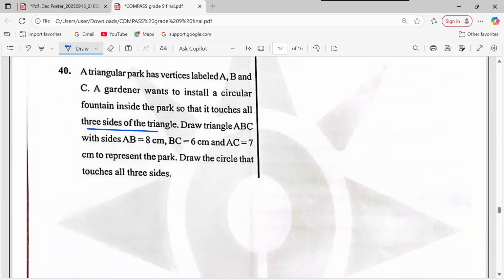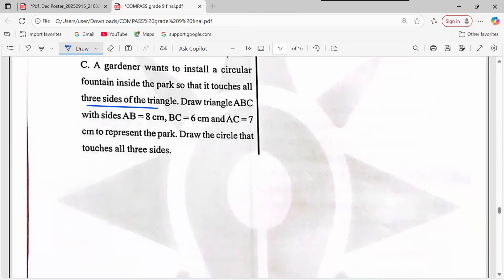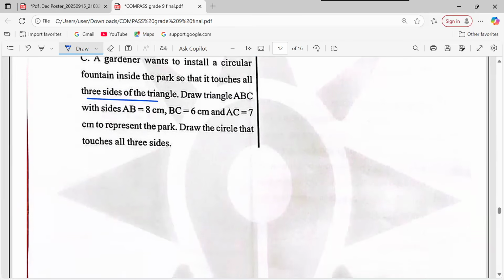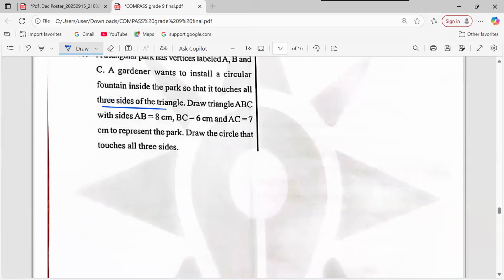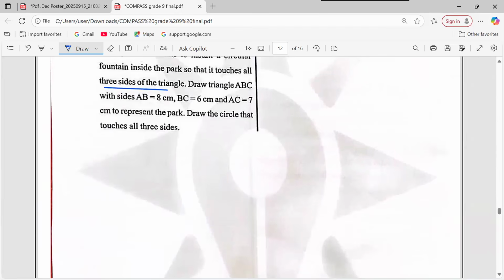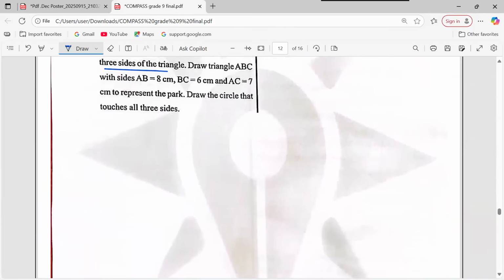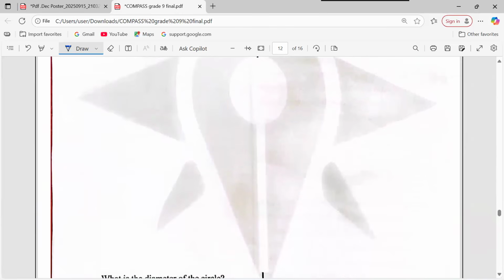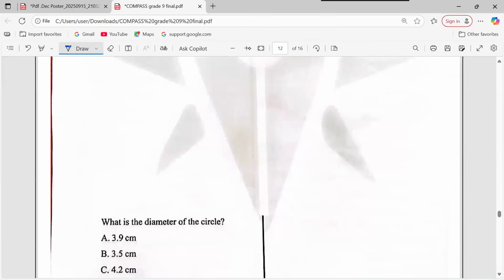Draw triangle ABC with sides AB 8 centimeters, BC 6, AC 7. So this is construction of triangles when the three sides have been given.